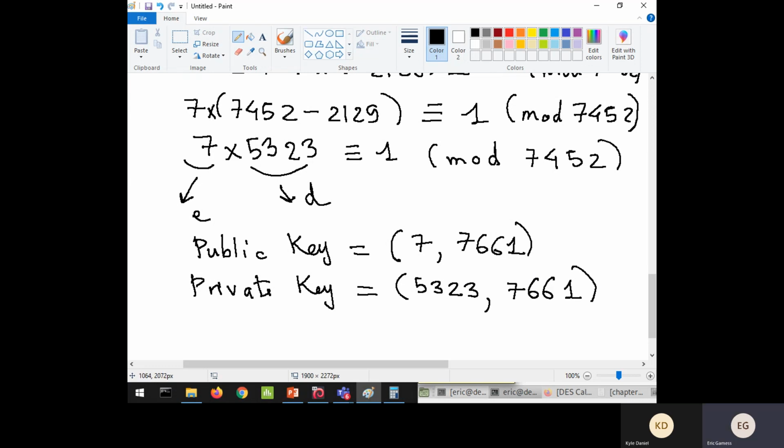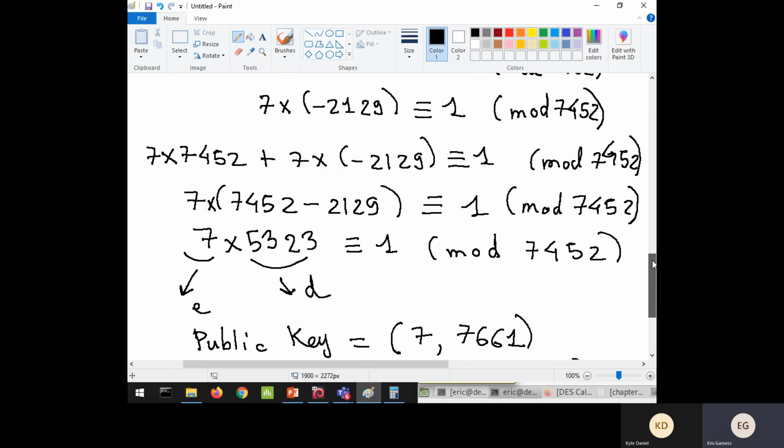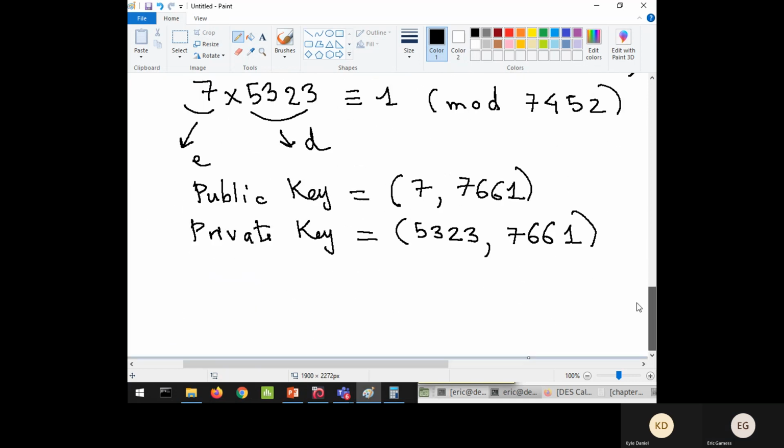They are here. So let's use our computer to compute this 5,323. So I need to resolve this equation. 7 times the private key must be congruent to 1 modulus 7,452.